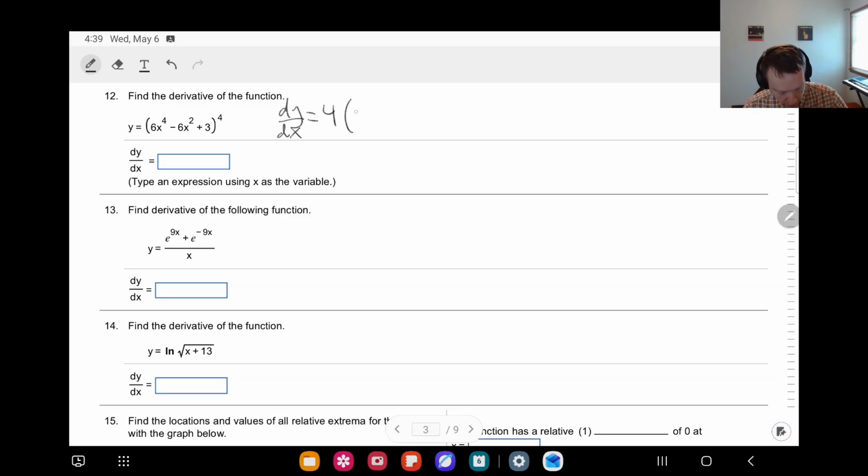So bring the 4 down, and then you leave this inside part the same, to the 3rd power. And now you multiply by the derivative of the inside. So I won't actually do that quite yet.